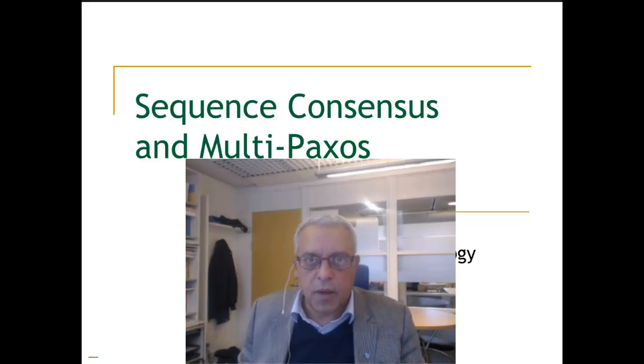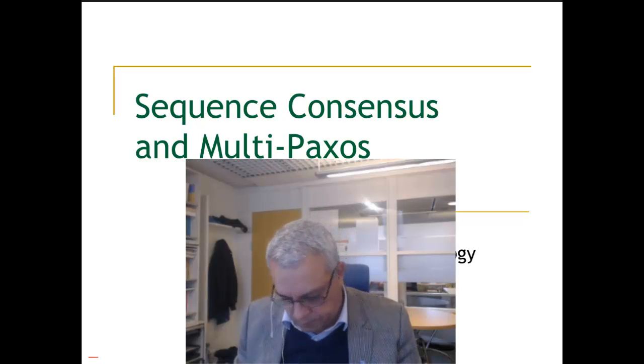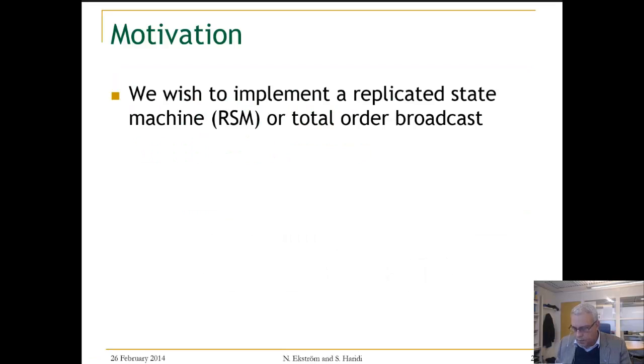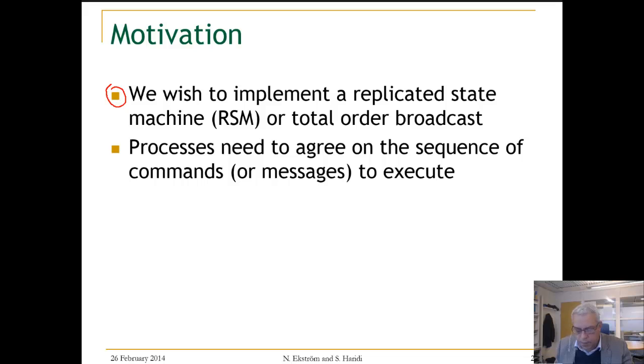Okay, so hang on now. What is the motivation we want to have? We wish to implement a replicated state machine or a total order broadcast. And our processes need to agree on a sequence of commands or a sequence of messages.